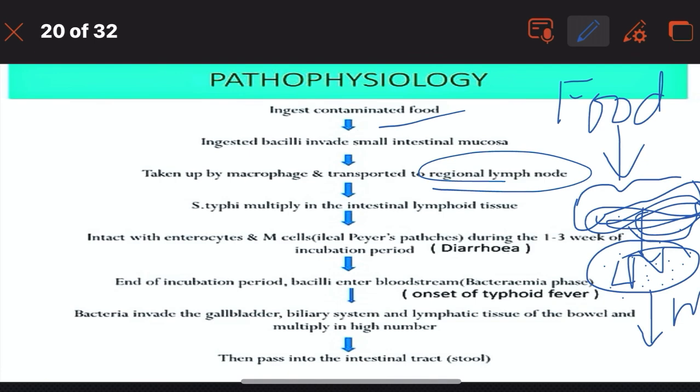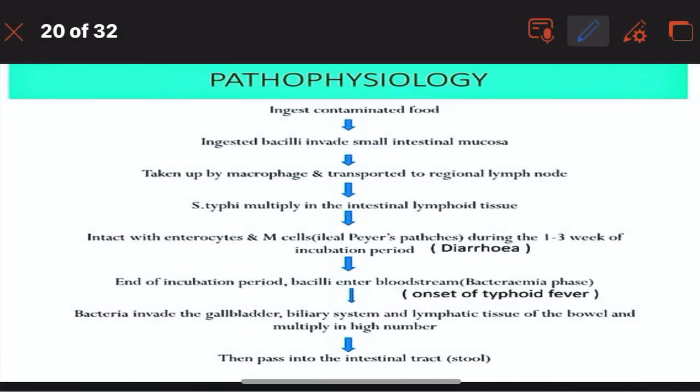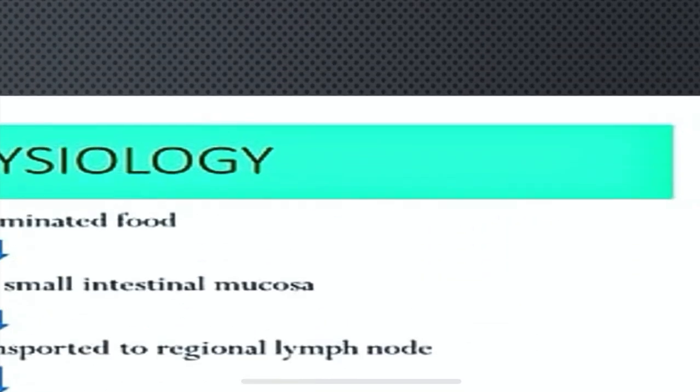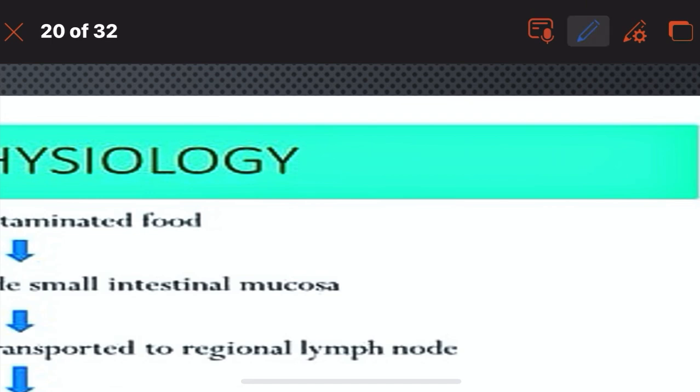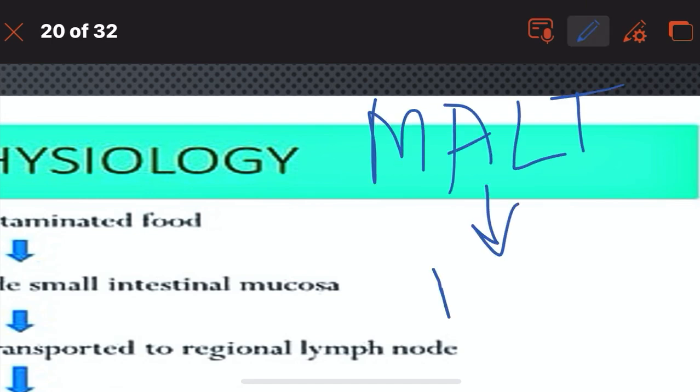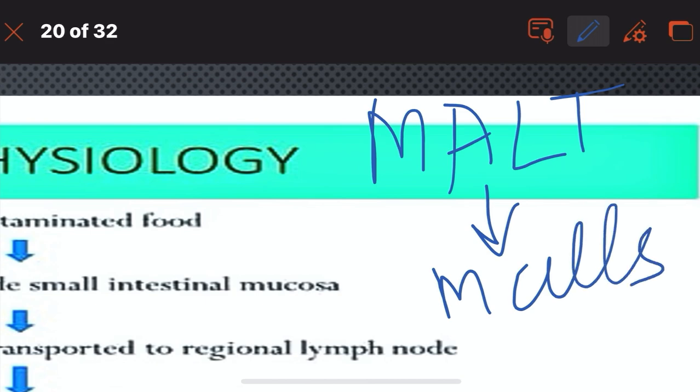We saw that the M cells are nothing but the specialized cells of the MALT. You know MALT, right? I'll just explain something here which will help you further. Let me tell you about MALT and M cells so that you have clarity about the pathophysiology. So, what is MALT?